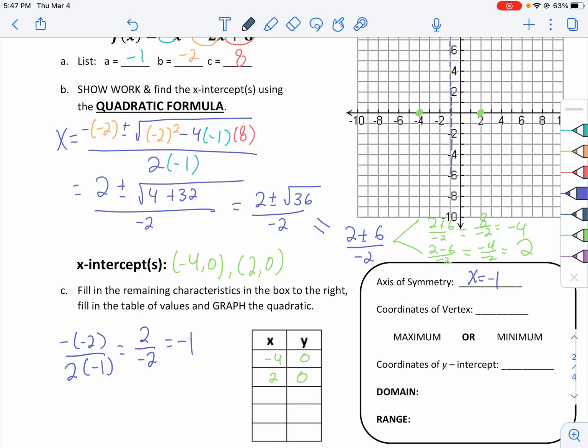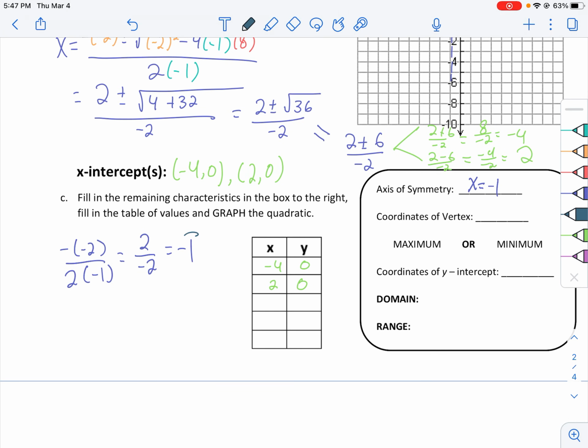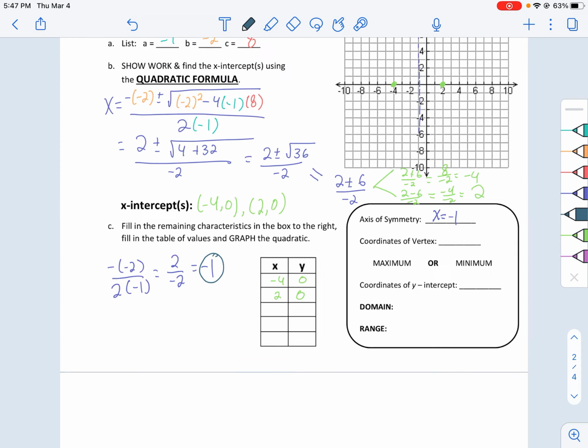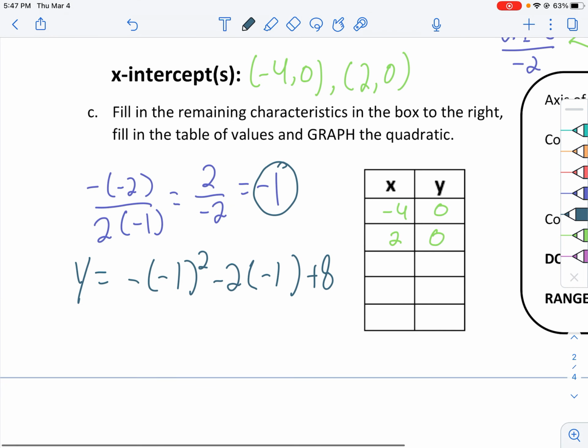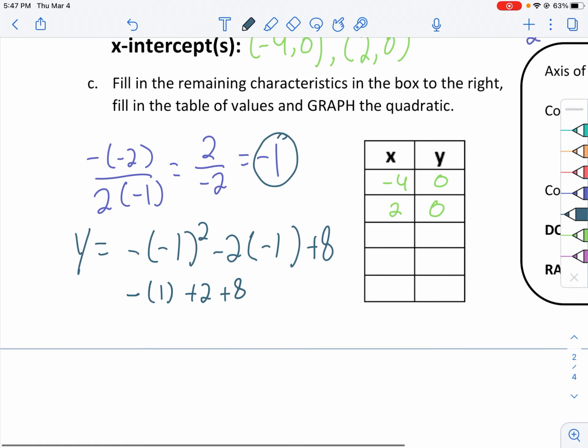How do we find the vertex from there? We plug in whatever you get for the axis of symmetry into the equation. So this is y is equal to negative 1 squared minus 2 times negative 1 plus 8. So that's negative 1, because negative 1 squared is positive 1. Negative 2 times negative 1 is positive 2 plus 8.